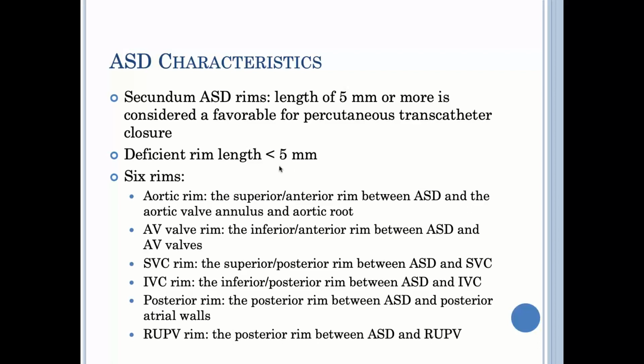There are generally 6 rims that I'll just briefly mention: aortic rim, atrioventricular valve rim, SVC, IVC, posterior wall, and right upper pulmonary vein. And so the guidelines highlight the importance of measuring each rim individually, in order for interventional planning to go ahead effectively.